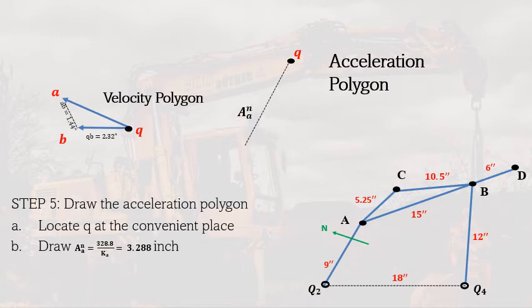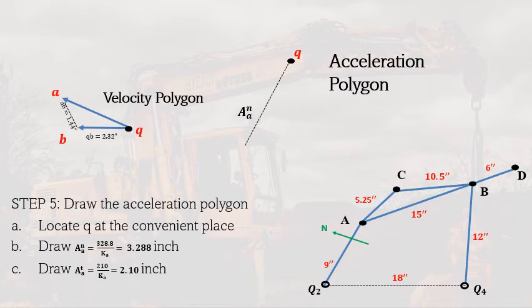So this represents the direction of the acceleration of A normal, equivalent to 3.288 inches. You can see that the direction is the same as the direction of this line here. Its direction is towards Q2.